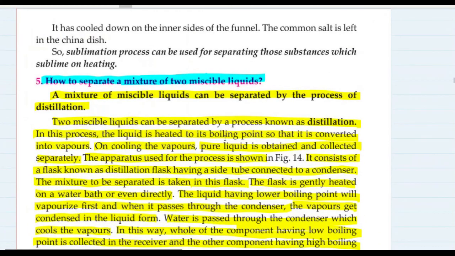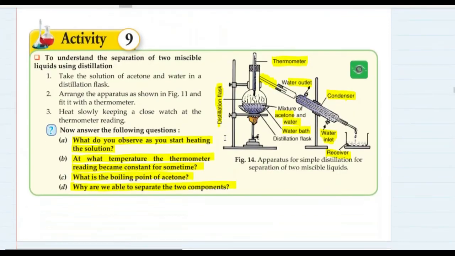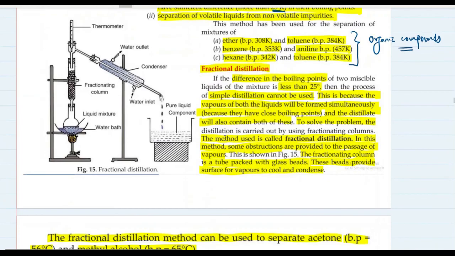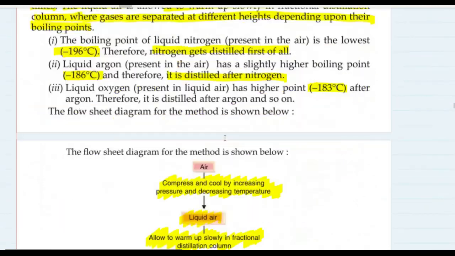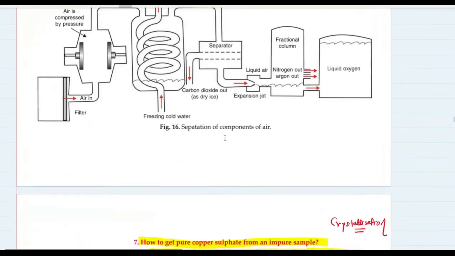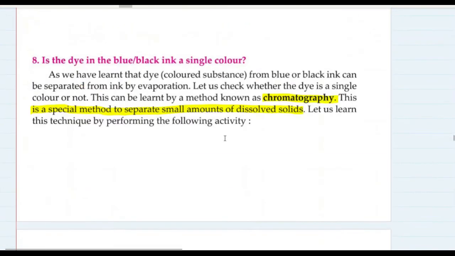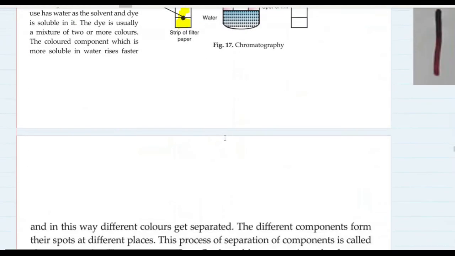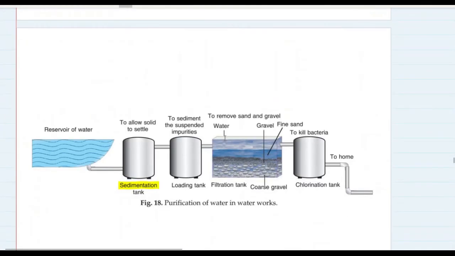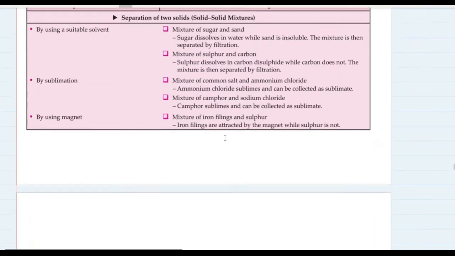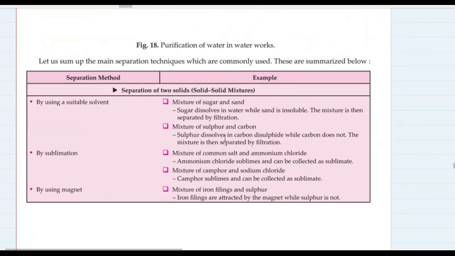Then distillation for separating two miscible liquids, a mixture containing two miscible liquids having significant difference in boiling point. Then fractional distillation. The same process is used for obtaining different components of air. Crystallization, and then chromatography, and finally, that's it. So these are all the techniques studied by us today.